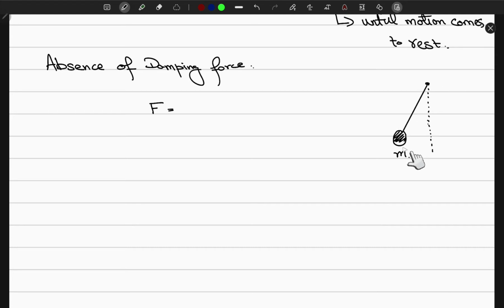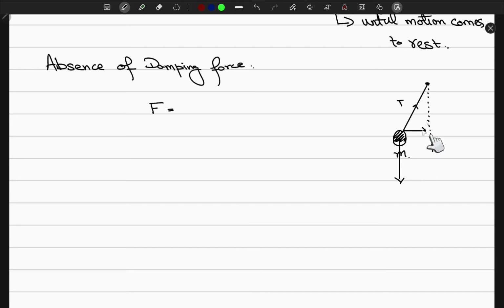So, the weight of this mass would be like this, and the tension in the string is something like this, and the restoring force is in this direction, the one that would be keeping it going towards this mean position.